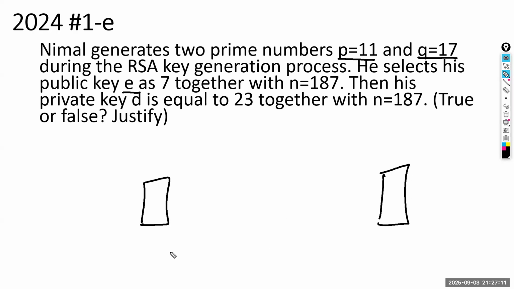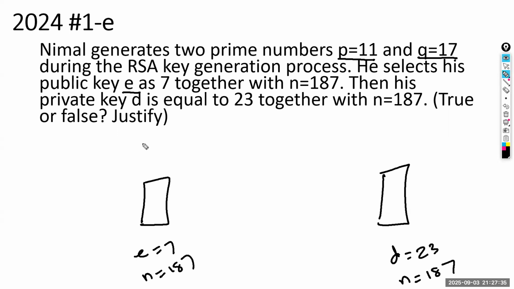So E is 7, together with N equal 187. Then his private key D is equal to 23, with N, which is not going to change, 187. You need to verify whether it's true or false.